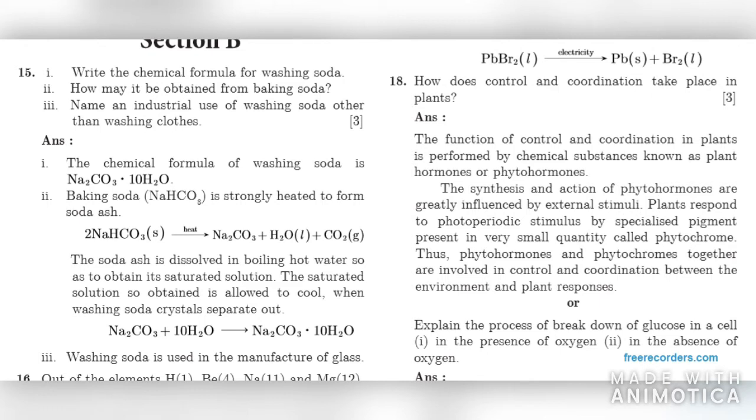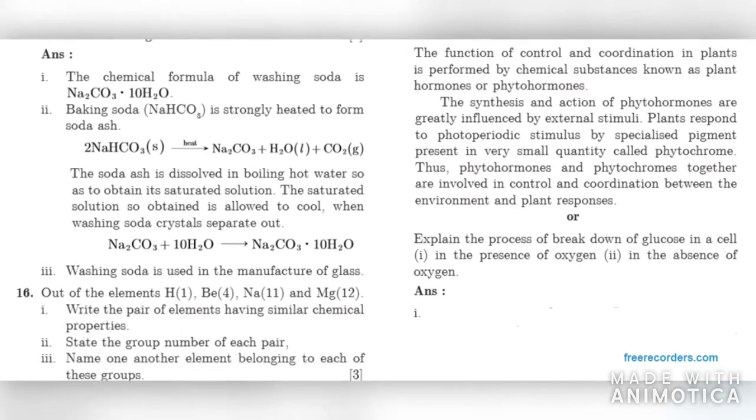First explain what plant hormones or phytohormones are, then write about the stimuli and how phytohormones are involved in control and coordination between the environment and the plant responses. That's all you need to write in question number 18.